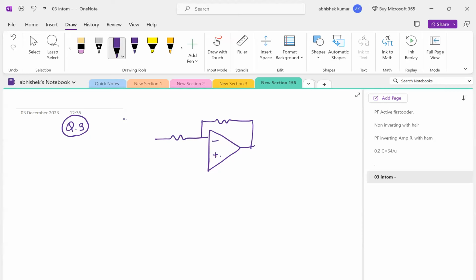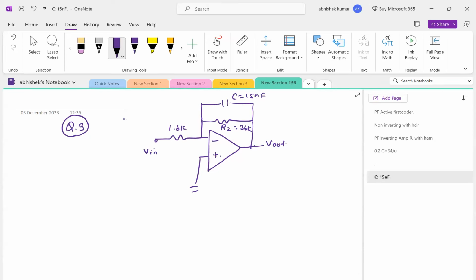So they asked for VO by VI. Do you know S domain analysis? Frequency domain analysis, haven't you done? This derivation will be done using that way also. Let me just brief you.